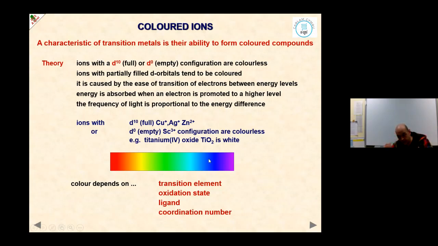We recognise the scandium ion is colourless. Perhaps we'll have a think about why that is in a moment. Same with the copper plus, silver plus, and zinc 2 plus. This is why we don't really count them as transition metals. One of the things about transition metals is they should form coloured complexes, okay, or coloured solutions.